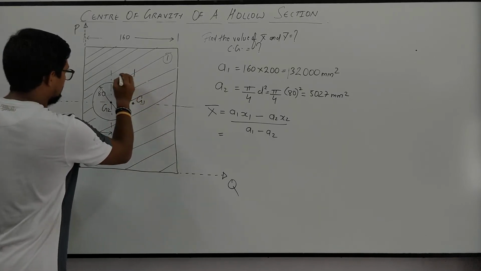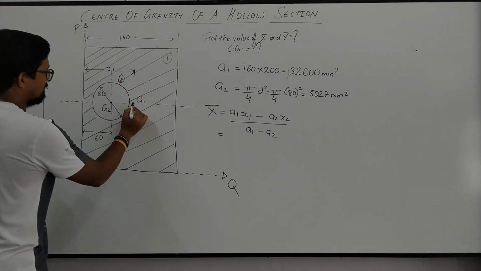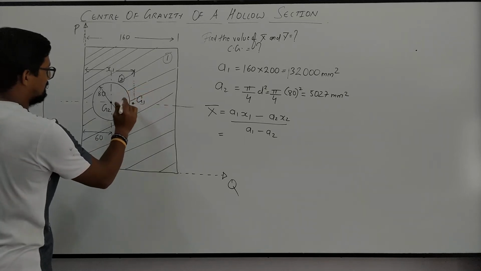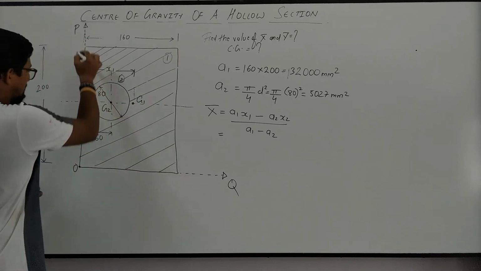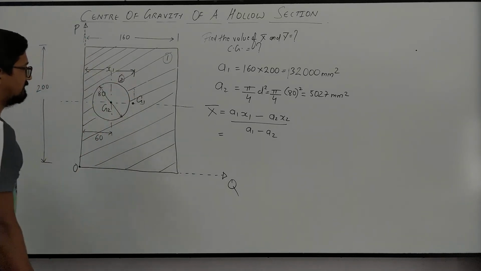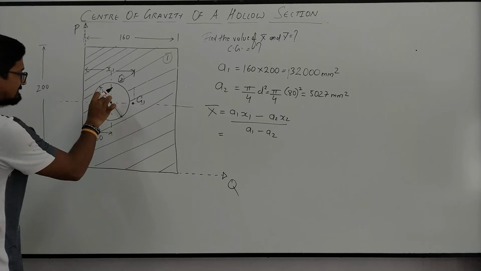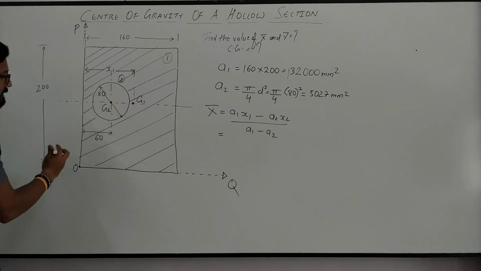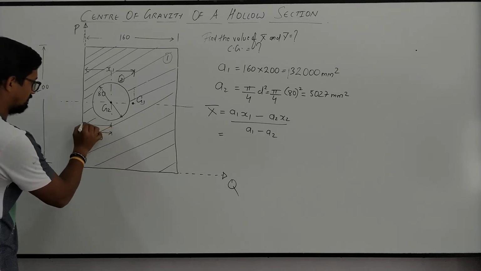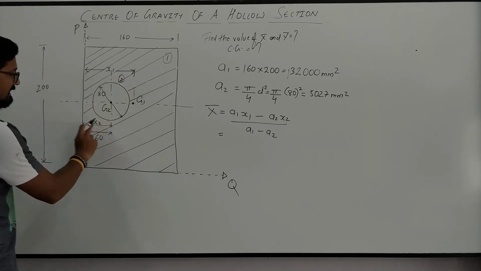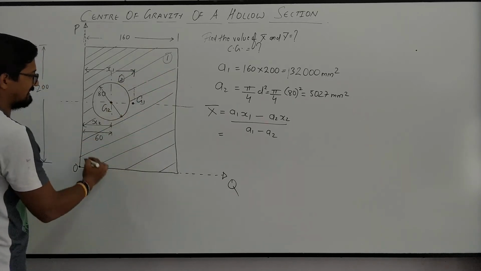The distance of the first section's CG from the reference axis OP is x1, and x2 will be the distance of the second CG from the reference axis OP. So this will be our x2. This is the CG of the second section, this is the CG of the first section, the rectangular section.